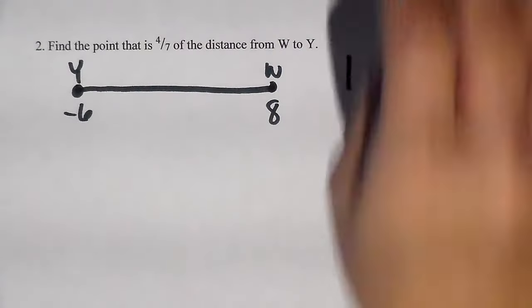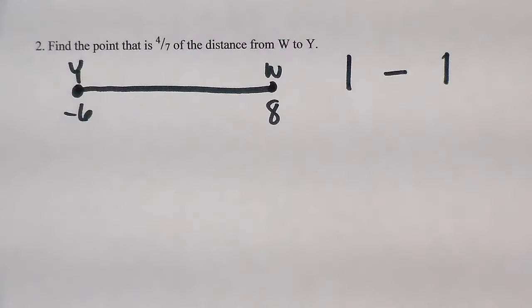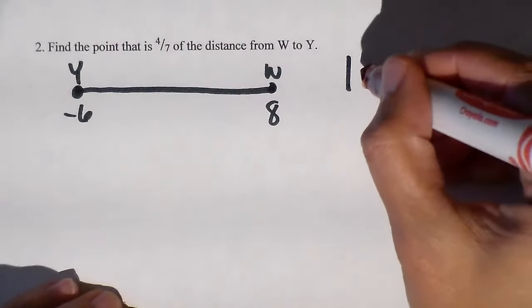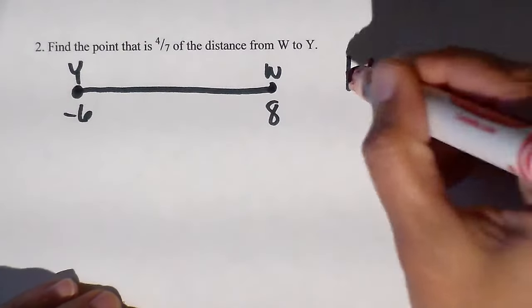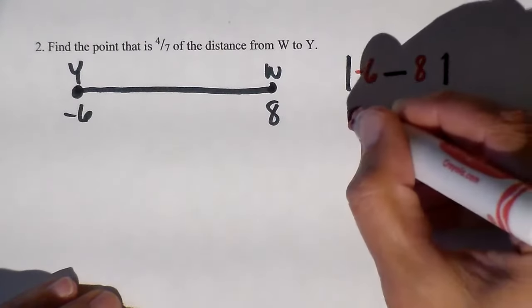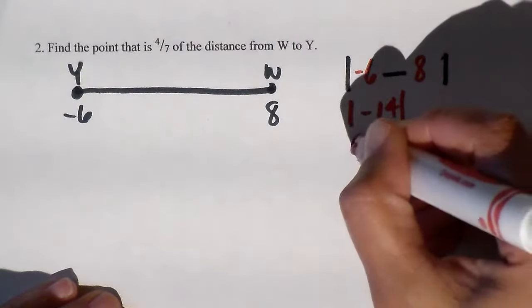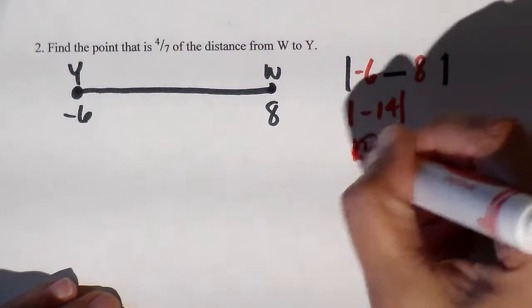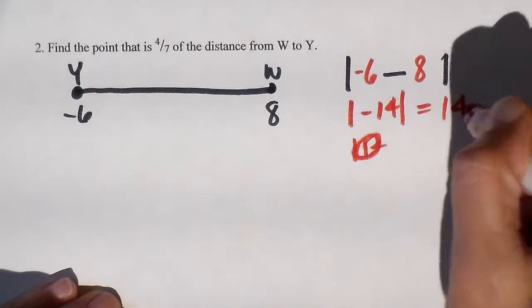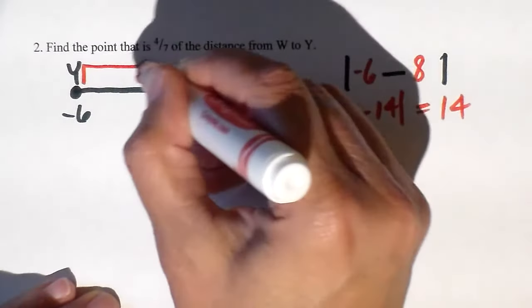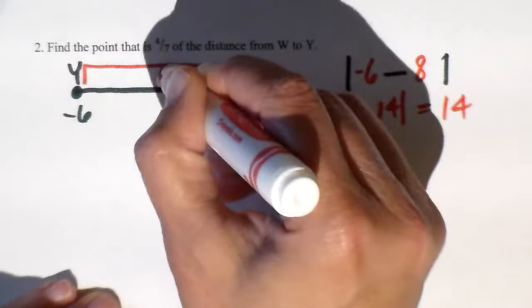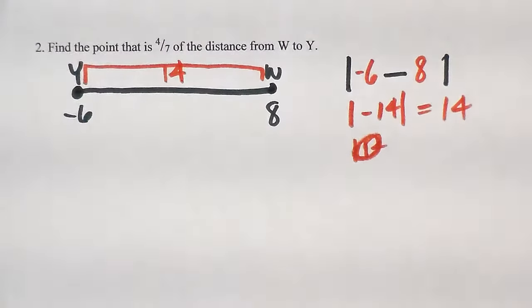I'm going to go from -6 to 8. You could also put 8 first. It doesn't matter. -6 minus 8 is -14. The absolute value of -14 is 14. So these two are how far apart? You guessed it. They are 14 units apart.